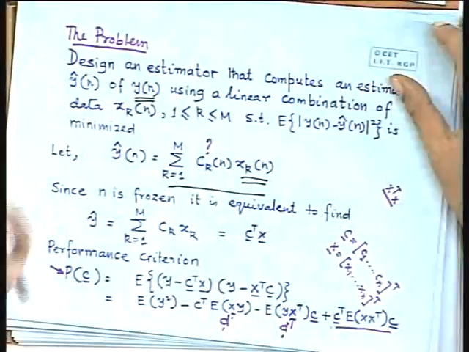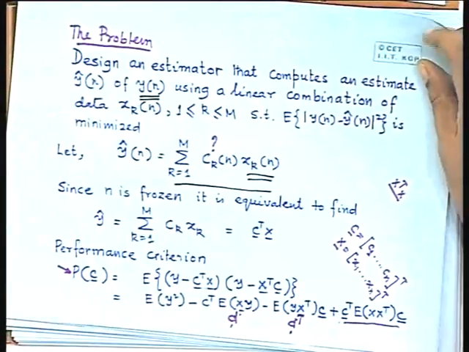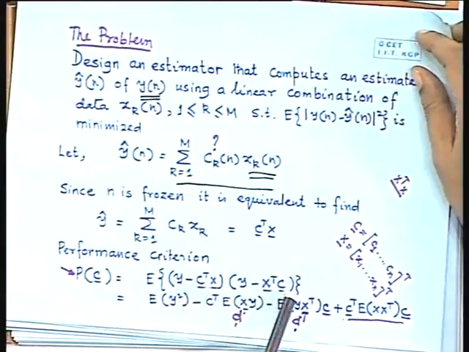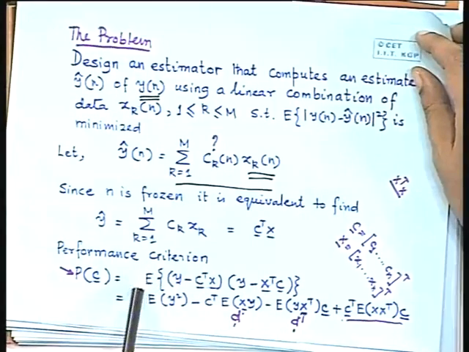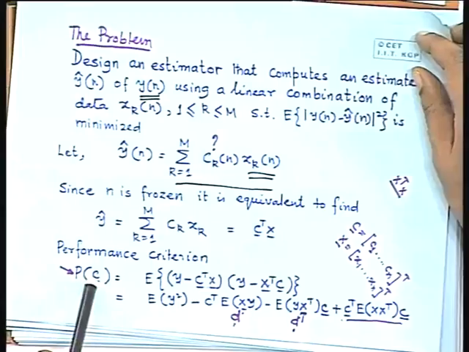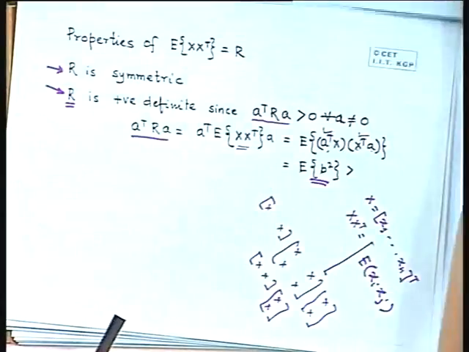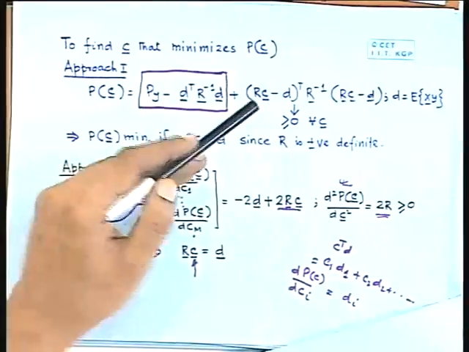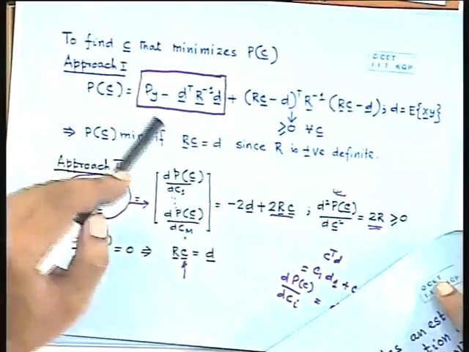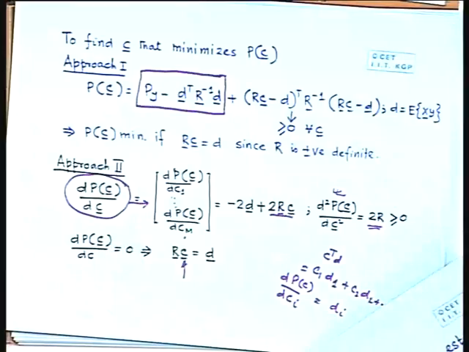Okay. So what did we see? We wrote the performance criterion like this. See, this is the error. So the expectation of error transpose times error should be minimum. And then we found that this will be minimum if this equation is satisfied.